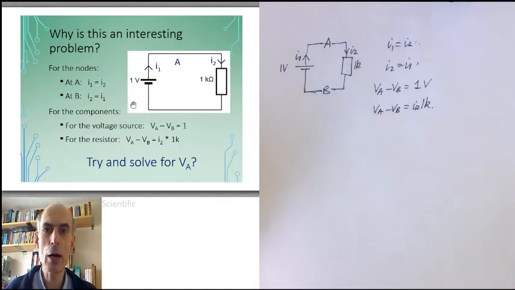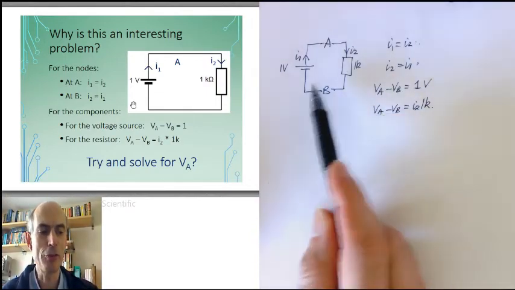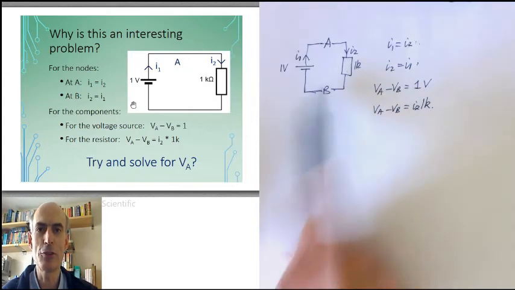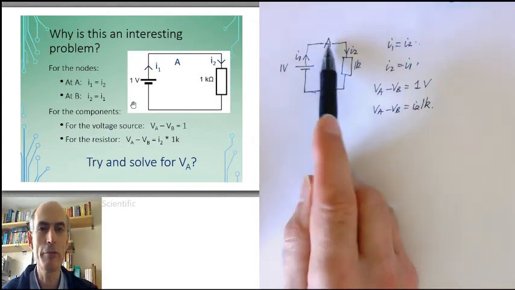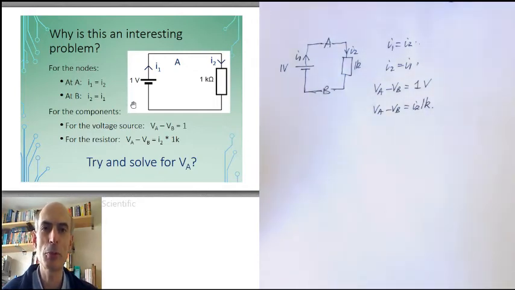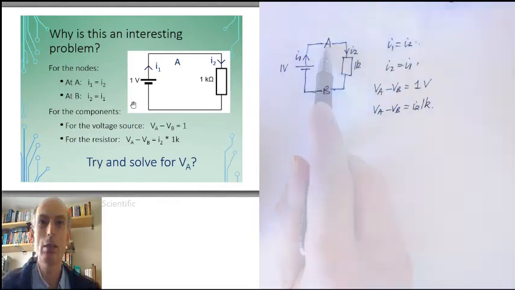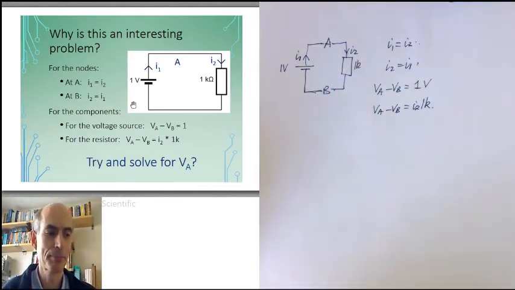We can define our 0 of voltage to be anywhere we like. All the equations here will tell us is what the difference between VA and VB is. It won't tell us what VA is or VB is, it will just tell us what the difference between them is. And if we're trying to work out what VA actually is, we don't have that information.